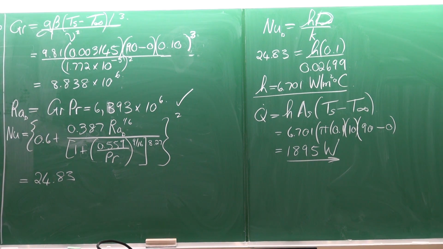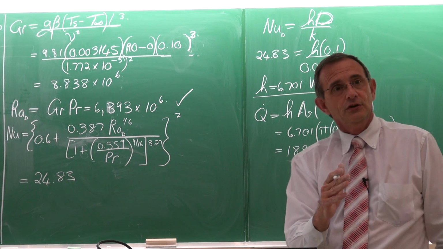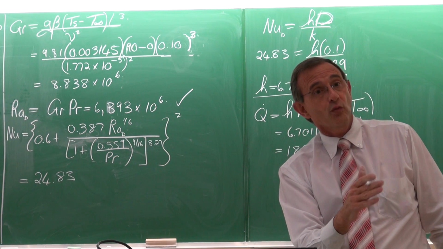I know it's not really correct, but except for that, there's something else. Do you remember in chapter 1 you did radiation heat transfer? Okay. So somewhere in the work that we've done, we've neglected radiation heat transfer. But with natural convection, radiation heat transfer is usually significant. You cannot neglect it normally.